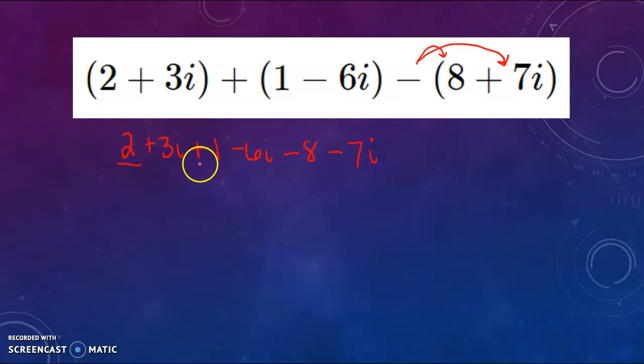So I have 2 plus 1 minus 8. 2 plus 1 is 3. 3 minus 8 is negative 5. And then I'm going to combine my i's just like you would combine your x's. So 3i minus 6i minus 7i. So 3 minus 6 is negative 3. Minus 7 is negative 10i. Okay, but these are not like terms because this is our imaginary term.